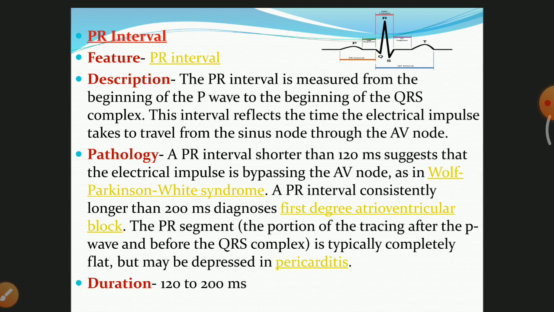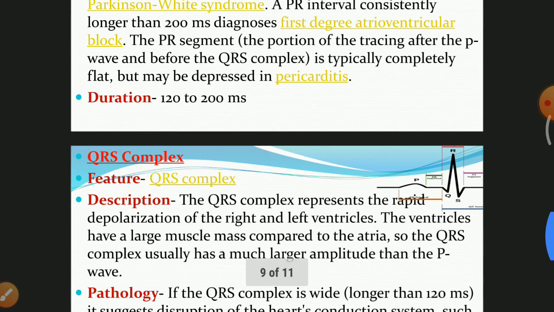Otherwise the PR segment is flat, and the duration of the PR interval is 120 to 200 milliseconds. So this is the PR interval, the gap between the P wave and the QRS complex.